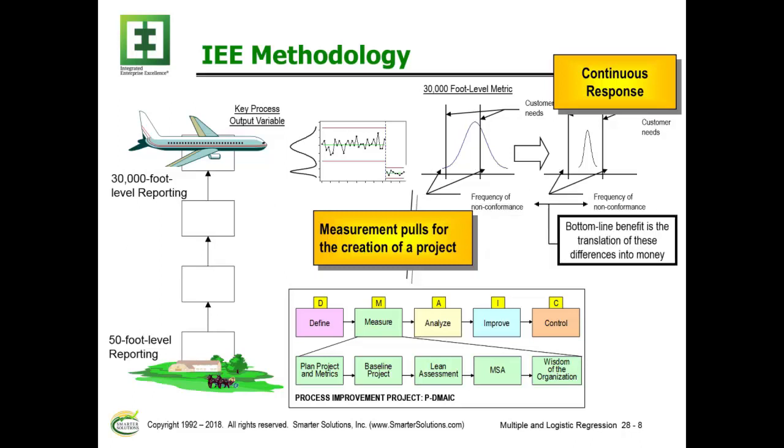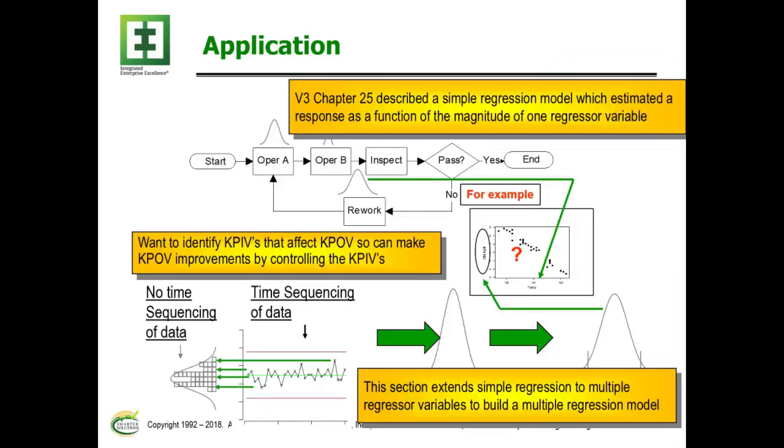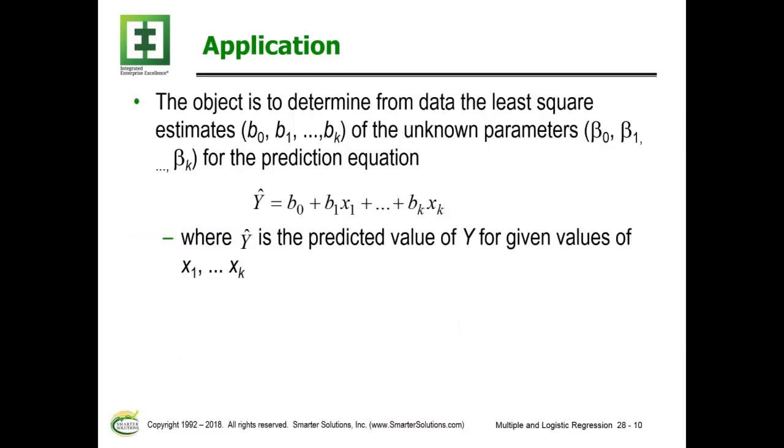And hopefully now we've got a lesser number and we can translate that to bottom line benefits. Another way of looking at this response is we've got a continuous response, 30,000 foot level, and then we look at our processes and there's an input that impacts our process output. If we understand that and there's a good correlation, then maybe we control that input. But we can get some insight into what we might do to improve our process with this understanding.